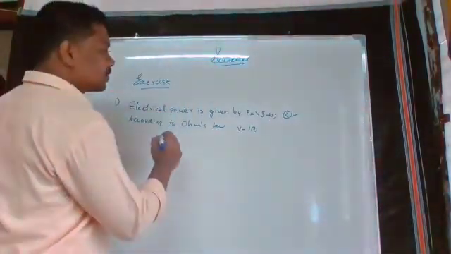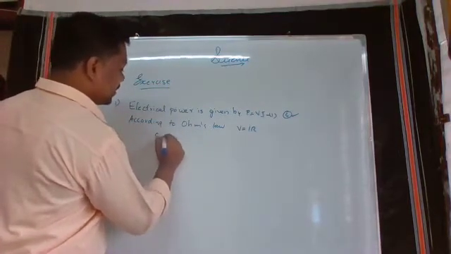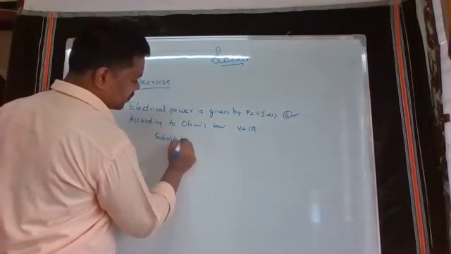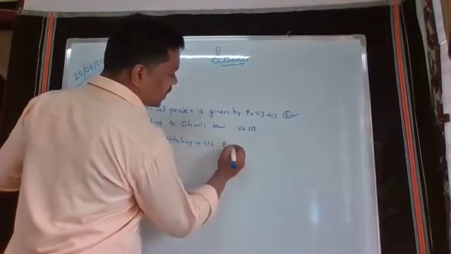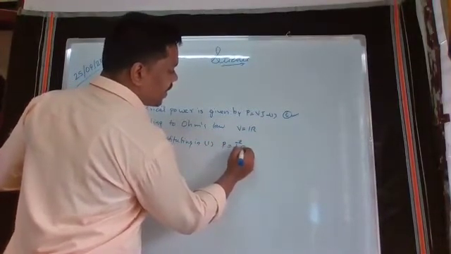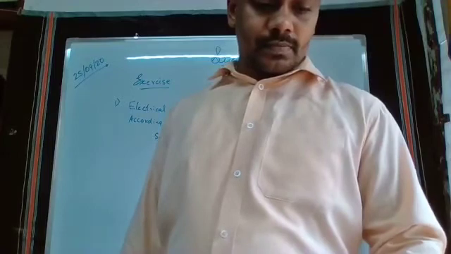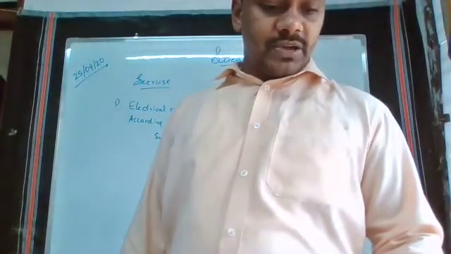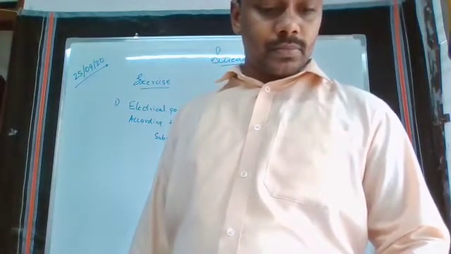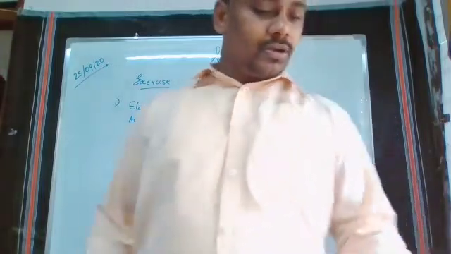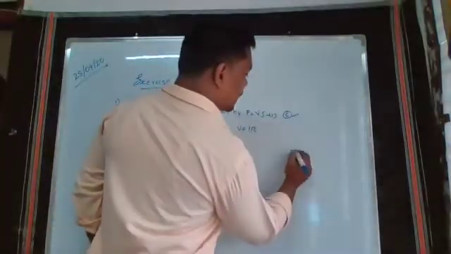Then substituting in 1, P is equal to I square R. Is it right? I square R. So the option I square R, that A also related to power.